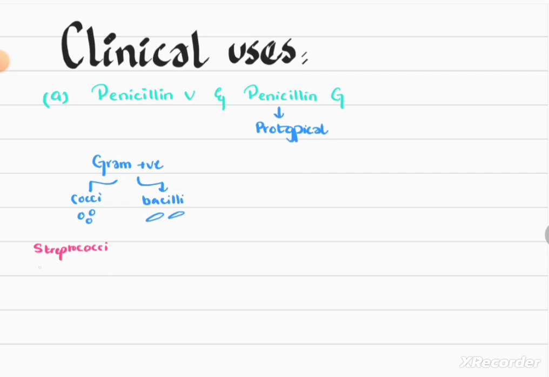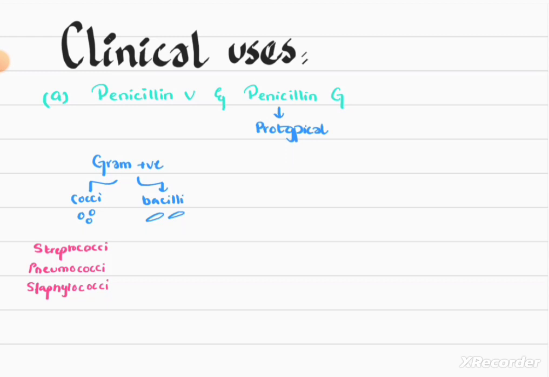They have activity against pneumococci, and they have activity against staph, which is staphylococci. So penicillin G has activity against all these gram-positive cocci.